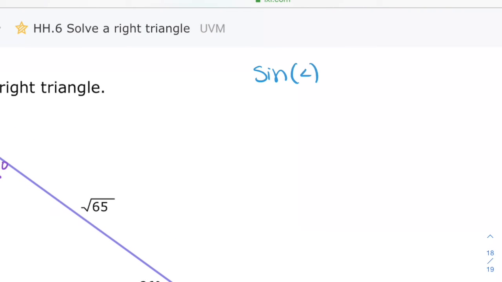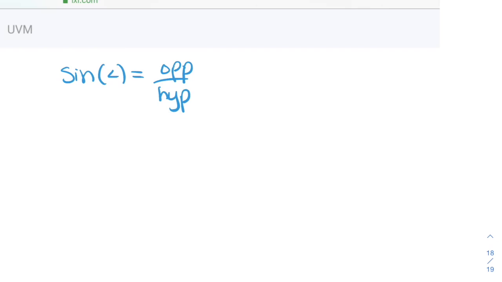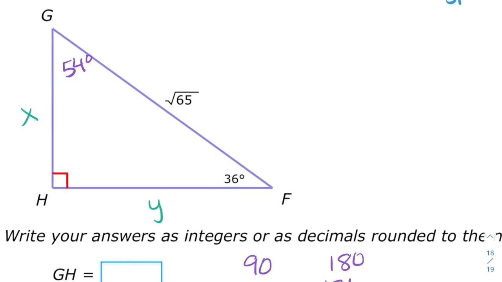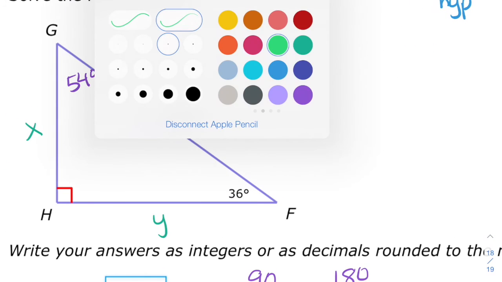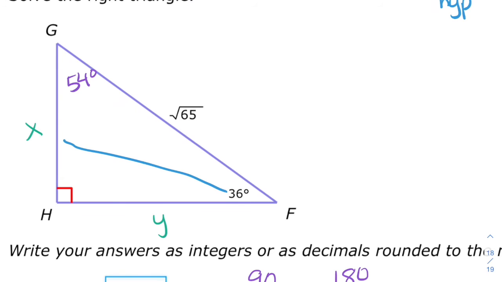Those are sine and cosine. So we're going to do sine of my angle equals opposite over hypotenuse, and the cosine of my angle equals the adjacent over the hypotenuse. All right, let's use 36 because that's what they gave me. So for 36, this is going to be the opposite side.